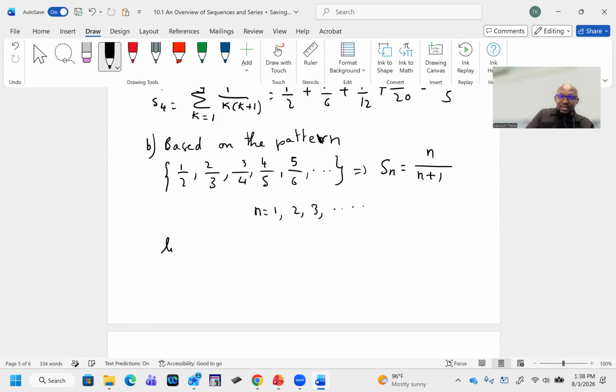So the limit of S sub n as n approaches infinity, sorry, this is S sub n. My S looks like 5. Don't mind me.